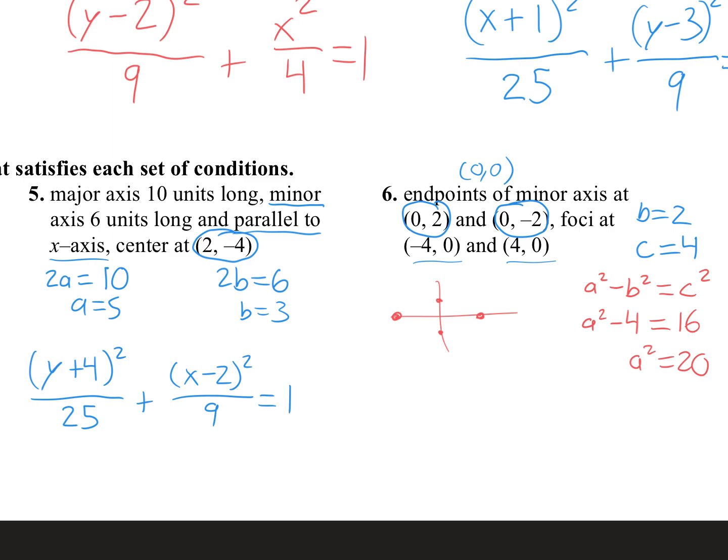And the foci are always on the major axis. The points on the minor axis are vertical from each other. That means the points on the major axis are horizontal. So we have a horizontal ellipse centered at 0, 0. So we start with x squared, and then equal it to 1.